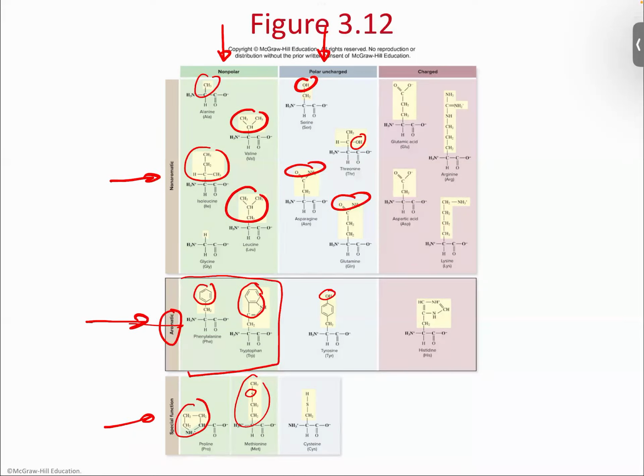And then of course your outlier for this one, which would be polar, but not aromatic and not really normal non-aromatic, would be cysteine. You notice you've got a sulfhydryl group on there, which is related to the hydroxyl group. The only difference is you swapped out an oxygen for a sulfur.